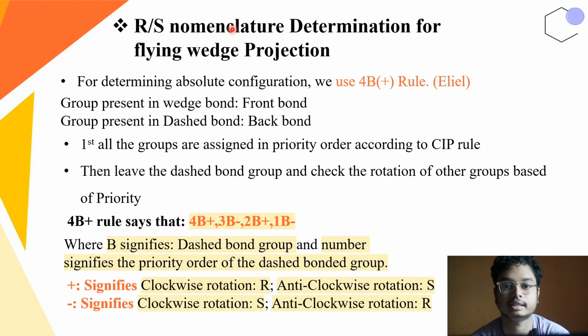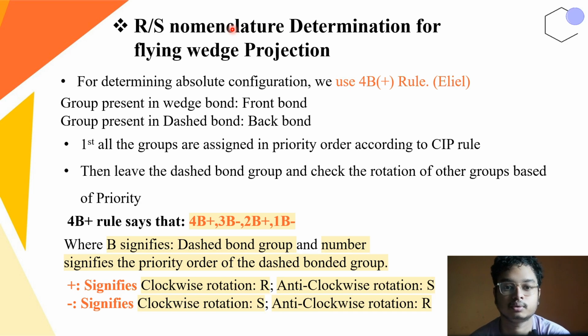First, there is a high chance of getting an incorrect Fischer projection, and second, during a competitive exam you don't have this much time to convert the flying wedge and then determine the absolute configuration of the chiral center.